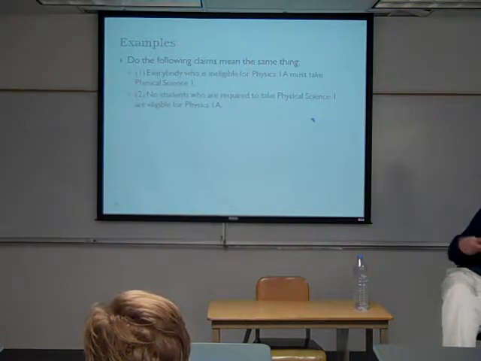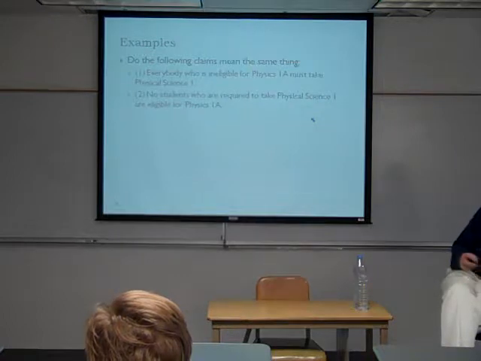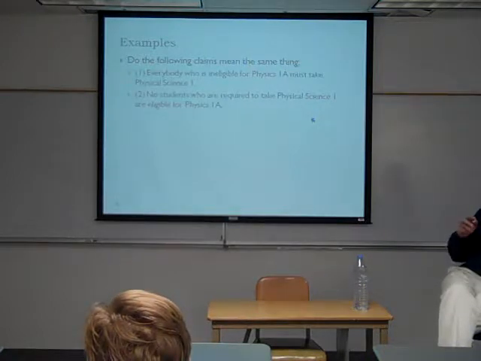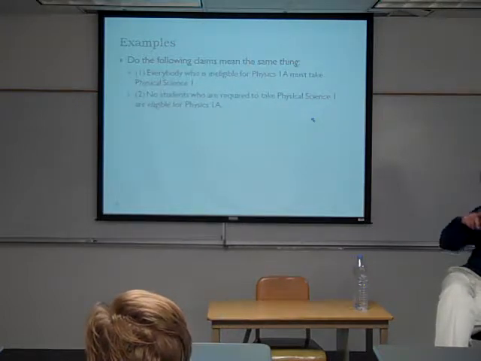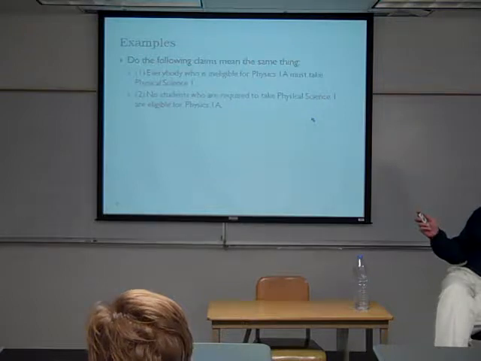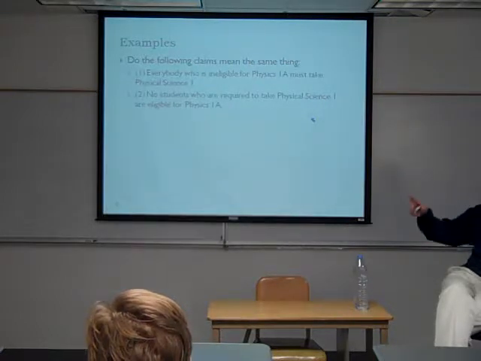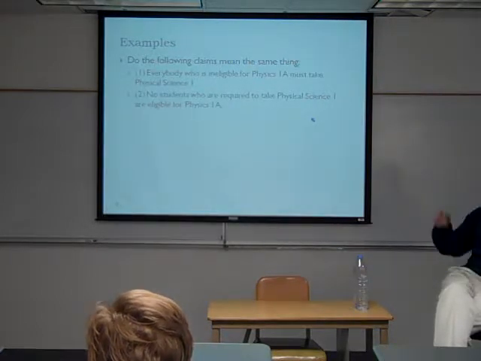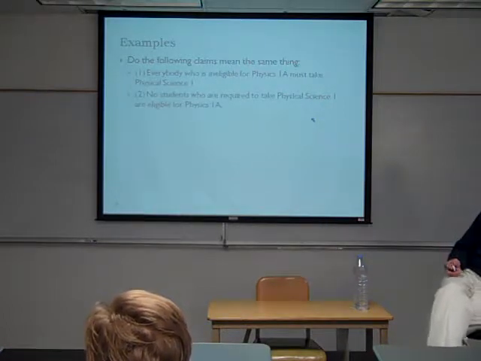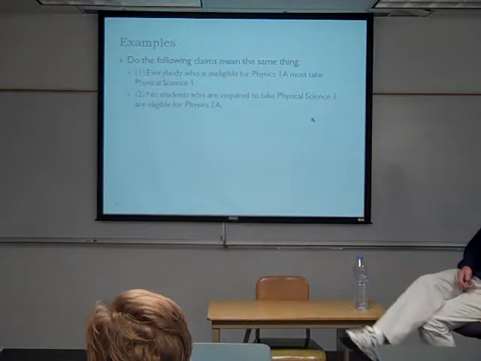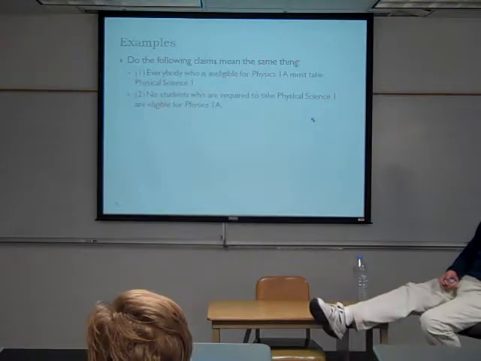And as we'll find out later in the chapter, equivalent claims are claims that either mean exactly the same thing, or they have the same truth values. And that's an and. They have the same truth values. They're going to be true in all the same situations. They'll never have different truth values. So the question is, is number 1 equivalent to number 2?